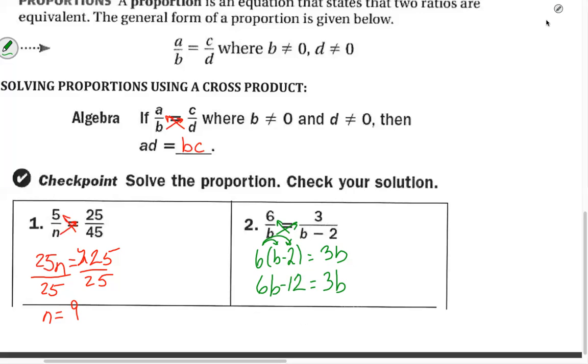Now, from here, Louis, I'm going to get all the b's to one side. I'm going to subtract 6B. So I have negative 12 equals negative 3B. Then I divide everything by negative 3. And I get B equals 4.